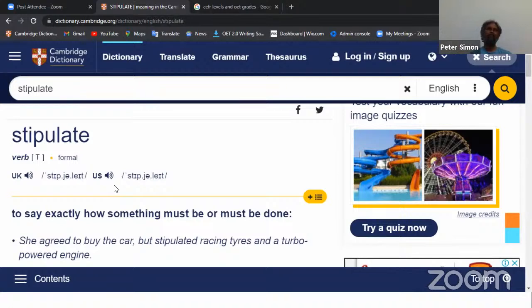This is called listing of things. Listing. The stipulated activities include: 1; 2; 3; and the fourth. It is called a listing of things. The stipulated activities include.